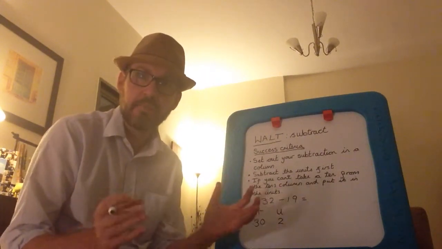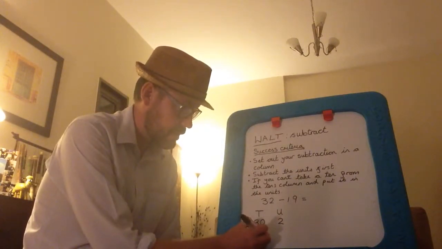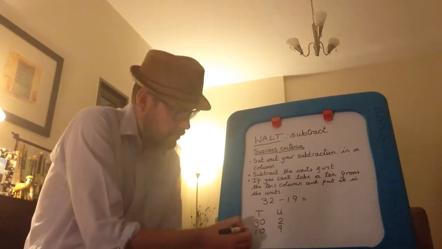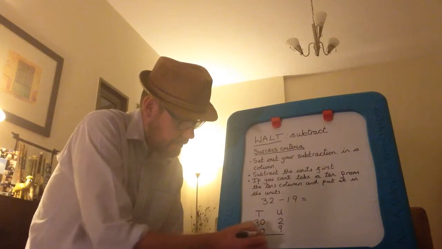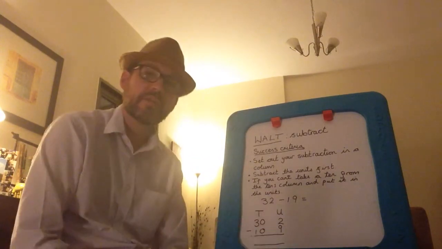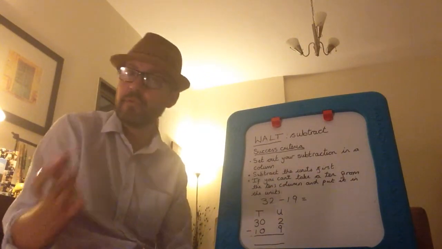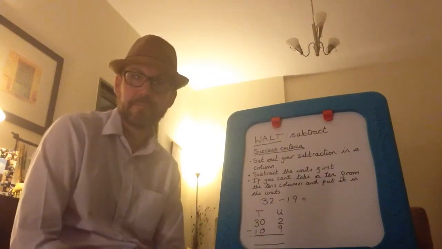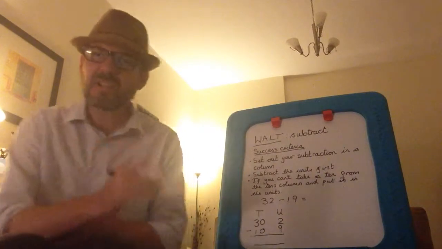Partitioned, 19 has 1 ten in it, and it's also got 9. And just remember to always add your subtraction sign, just in case you forget halfway through if you're adding or subtracting. Okay, so there I've got it. Right, let's try to work this out then.